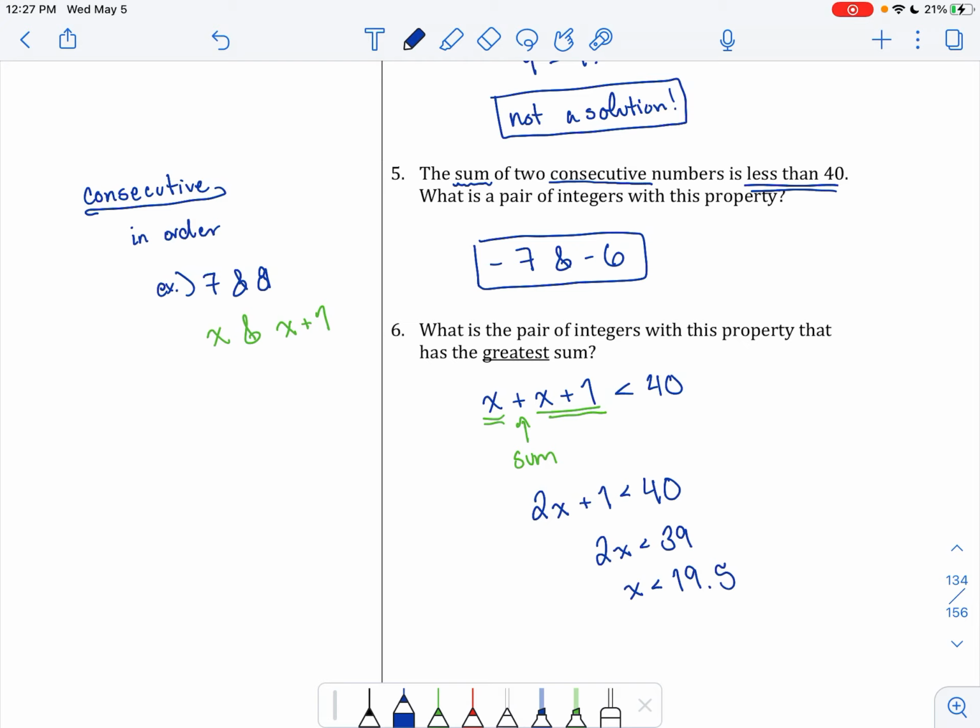Now, if x is less than 19.5, that means that the largest number, the greatest number, that's still less than 19.5 is 19. So that means that the first number is 19, following the rules of consecutive numbers. The next one would be 20, so the final answer would be 19 and 20.